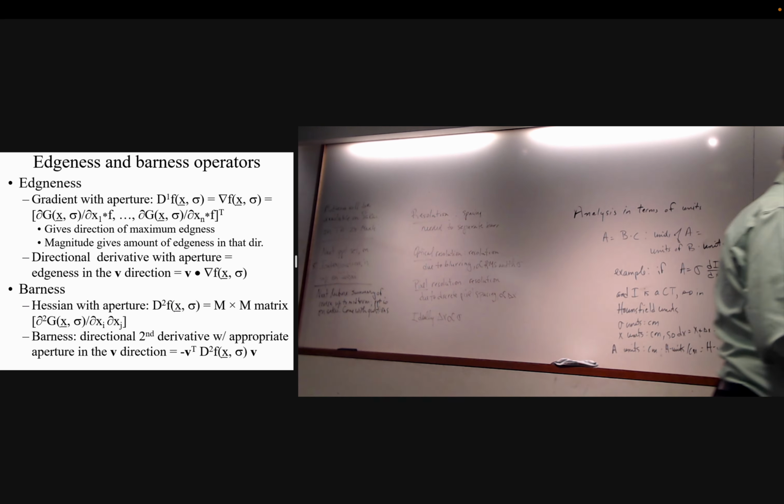So these derivatives that we use to measure edginess and barness are going to have a scale. And the question obviously is, well, what scale? What sigma should we use to measure them? And in the case of the edges and barness operators, there's not only scale to choose, but a direction to choose.